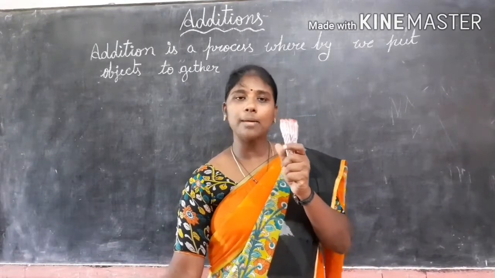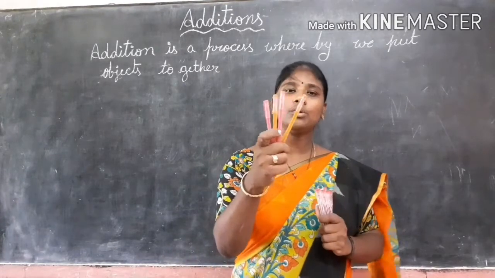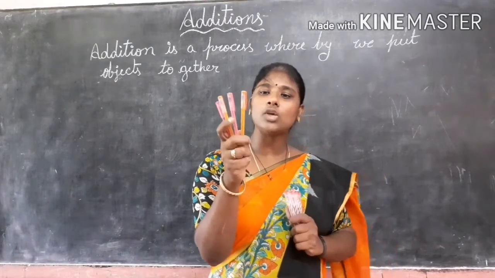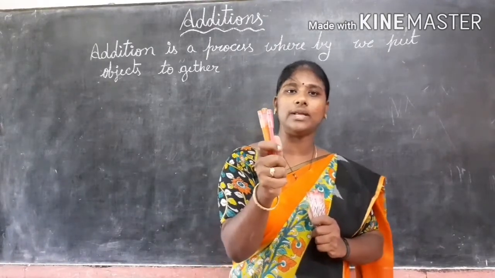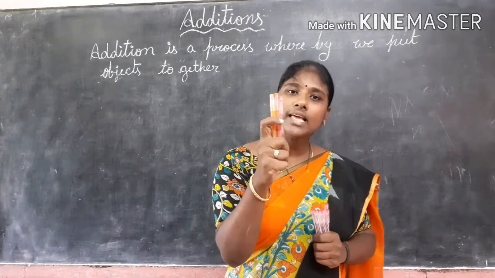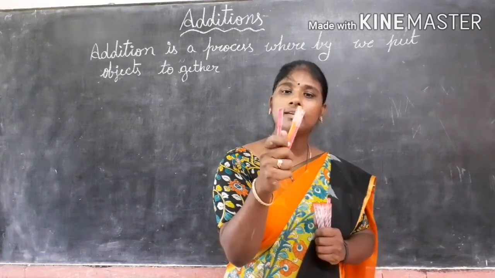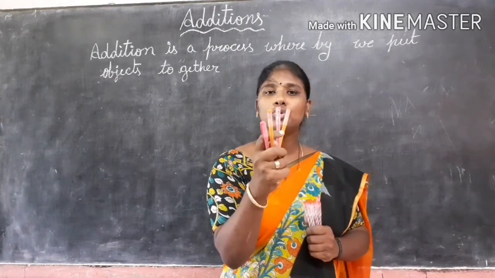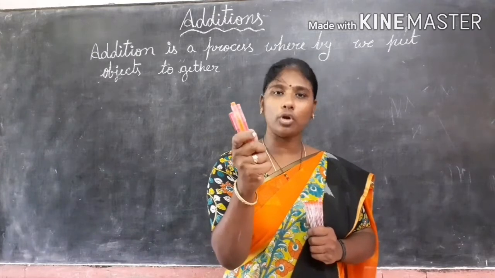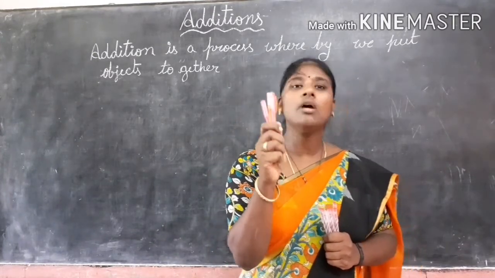Now I am taking some more pens. What color pens are these? Orange color and pink color pens. Now how many are there? 1, 2, 3, 4. 4 are there.